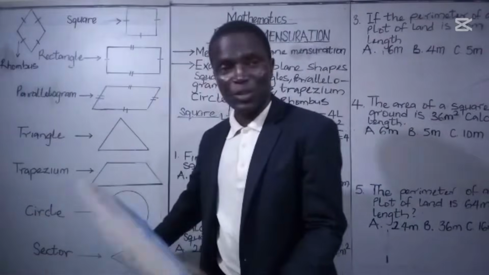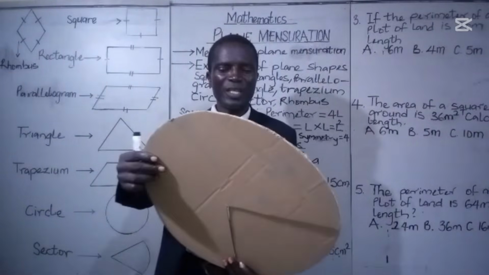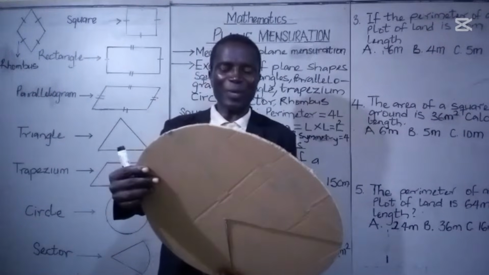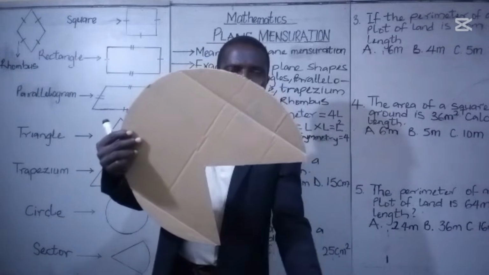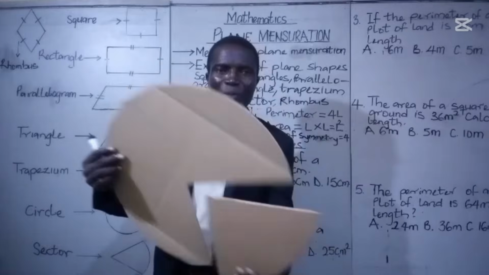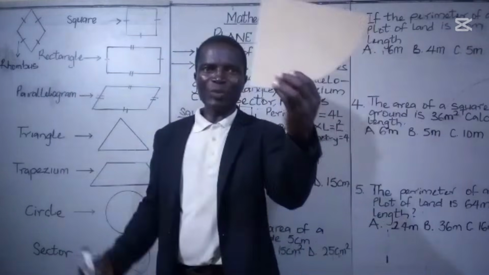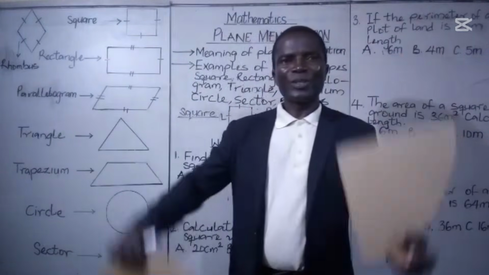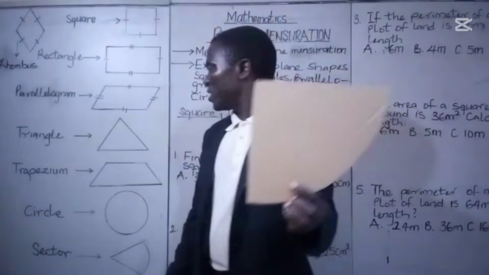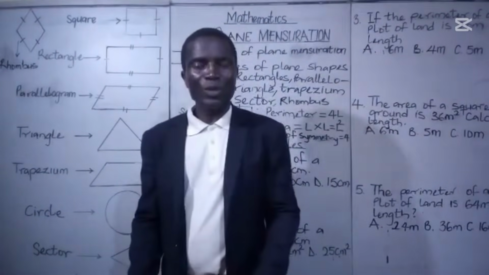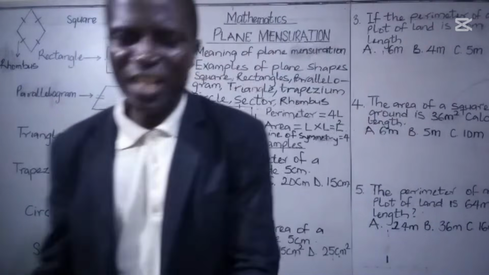Then we have the last but not the least, sector. Sector is a branch of a circle. You can see what I'm having here. The moment you detach this one from this circle, then this one becomes a sector. This is a major sector, while this one is a minor sector.